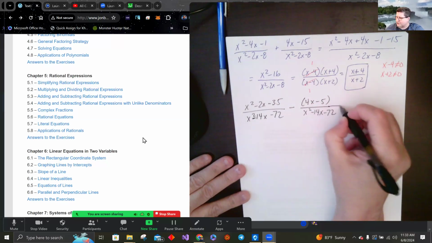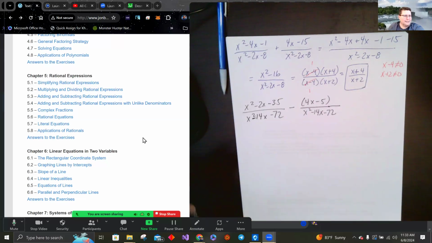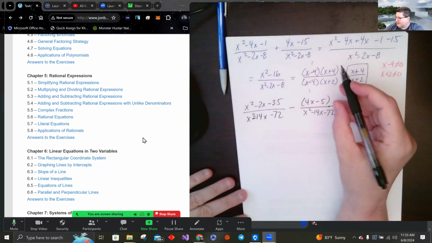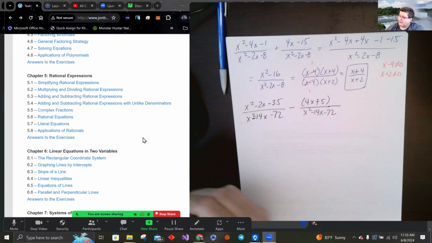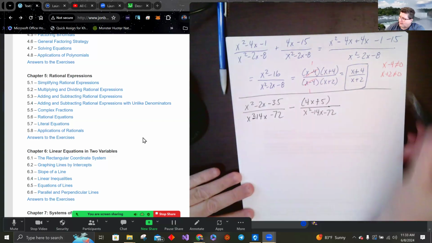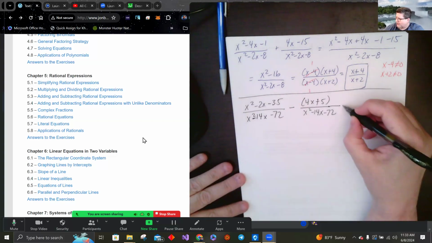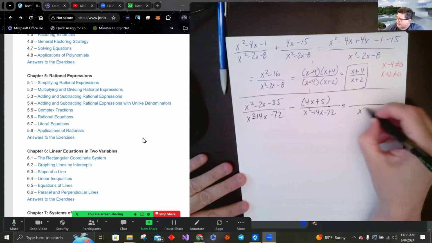Here we've got minus here. So both denominators are x squared minus 14x minus 72. The numerator on the left is x squared minus 2x minus 35. We're subtracting. The second numerator is 4x plus 5, that should say. All right, if you put them together, you should have the same denominator.